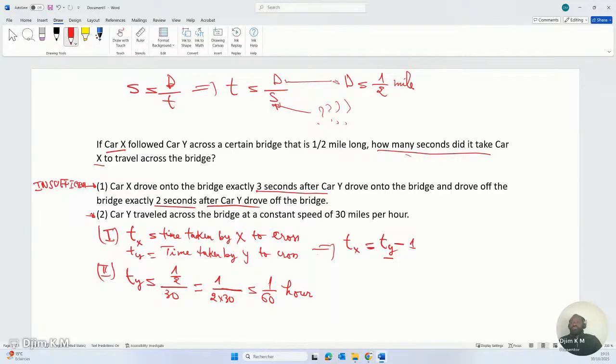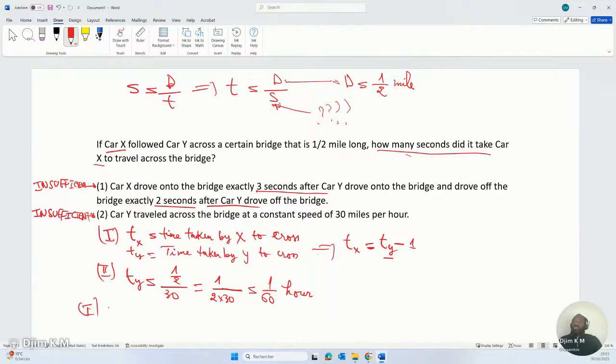So we don't have that information. Okay, so this is insufficient because we can't find the time that car X took to actually cross the bridge.